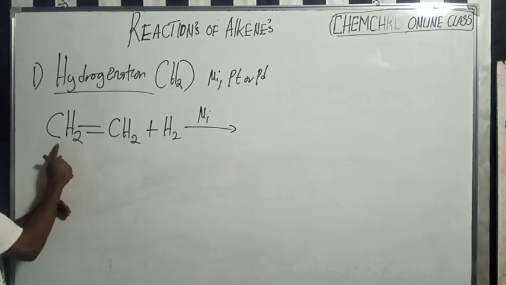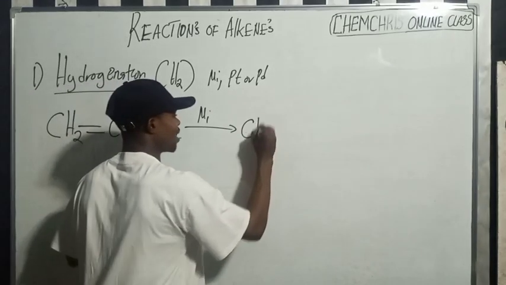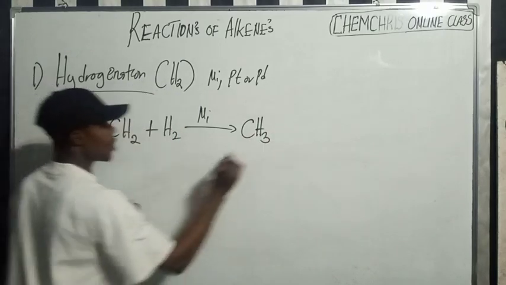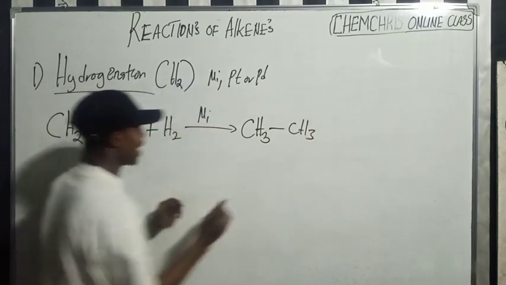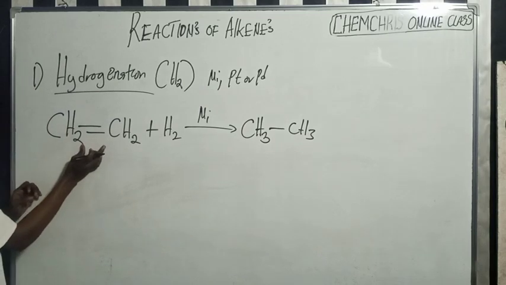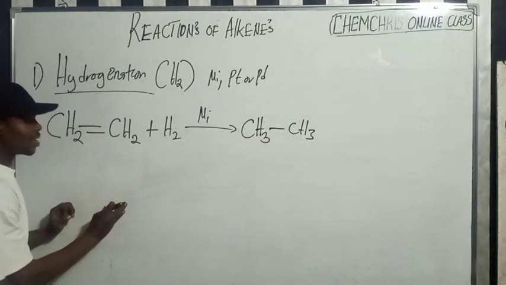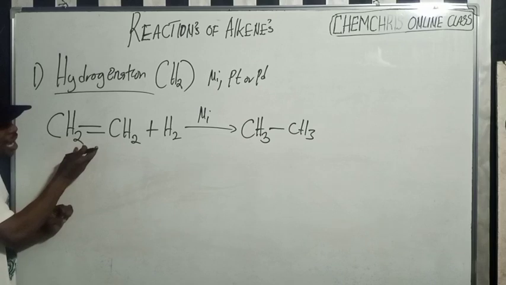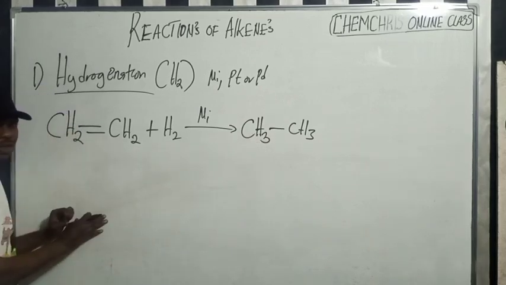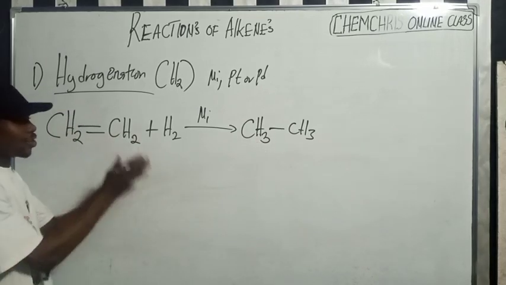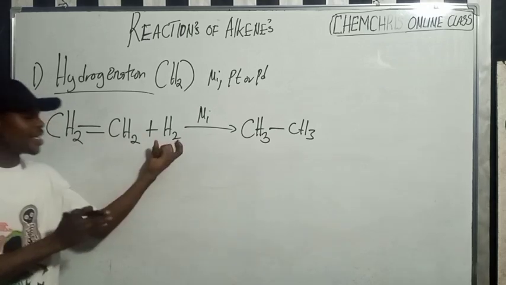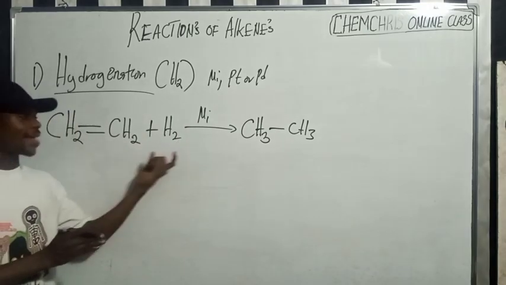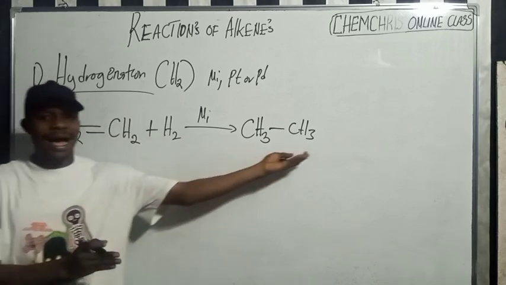So when you add one hydrogen here, you have CH3, then you have CH3. It means that this double bond is converted to a single bond. That is, the unsaturation is converted to saturation. Do you understand? This is called the addition reaction called hydrogenation. Addition of hydrogen to the alkene to form alkanes.